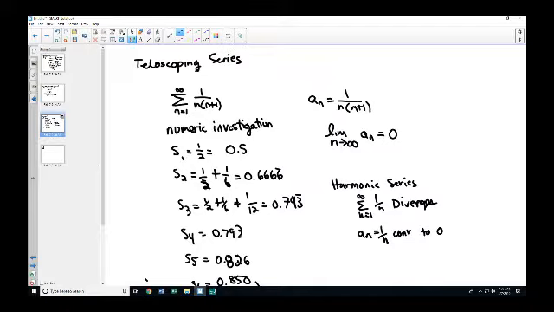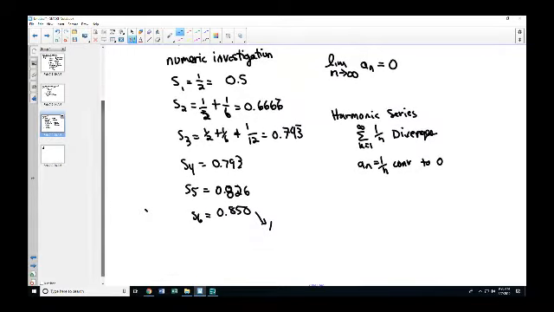What you're experiencing here is something that doesn't make sense, but it is true. So what you're seeing here is that in order for a series to converge, the sequence must converge to 0.